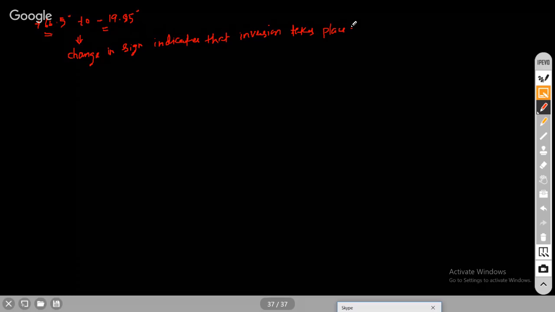So the product we get here, that is D plus glucose and D minus fructose, is invert sugar, and the inversion takes place in presence of mineral acid and enzymes. These mineral acid and enzymes are known as invertase. So this is completely theoretical. You have to just memorize this.